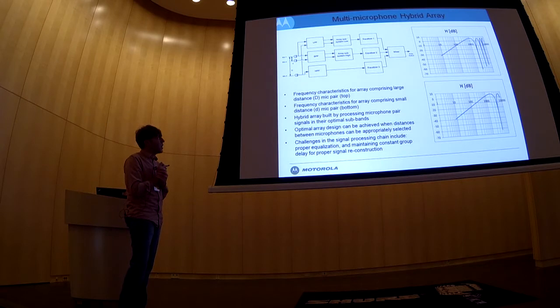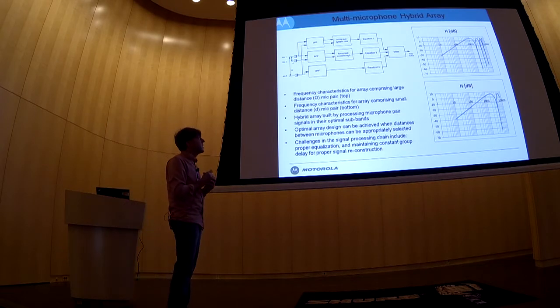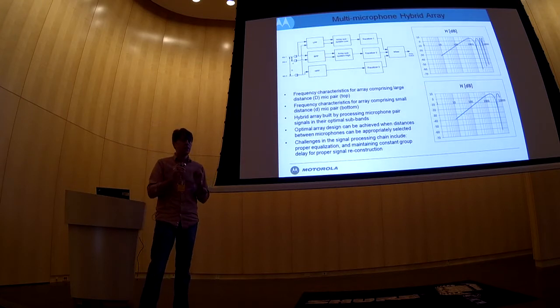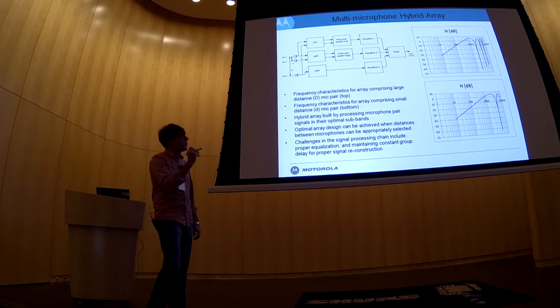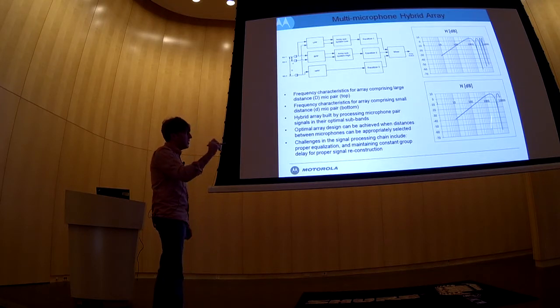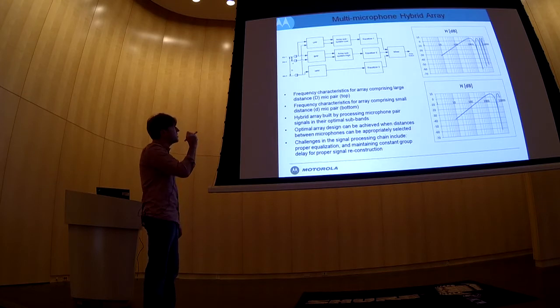And what hybrid arrays are, they take a signal from pairs of microphones that have various distances between them, so they're geometrically designed such that these points of cancellation occur differently at different frequencies. What all that means is that one could take a pair of signals, low pass filter them, do the array on that bandwidth limited signal, equalize it.